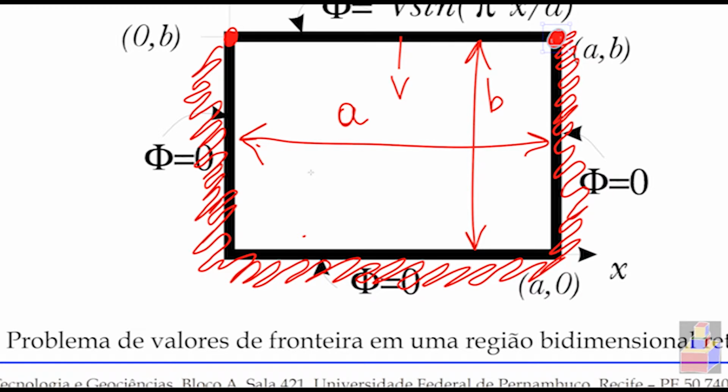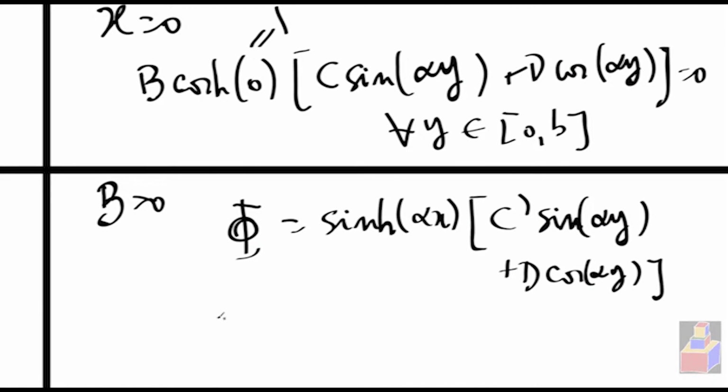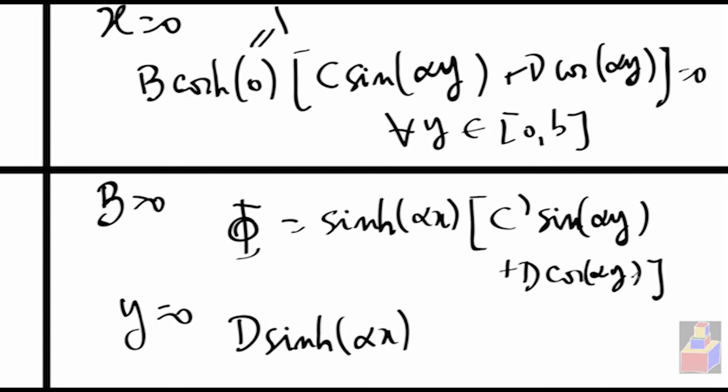So we go to y equals 0, x changes from 0 to a. So this term goes to 0, this is 1. So we're going to have d hyperbolic sine of alpha x times 1 equals 0. So this function can only be zero at the origin, but x is variable, so I have to impose d equals 0, so this term goes away, okay?